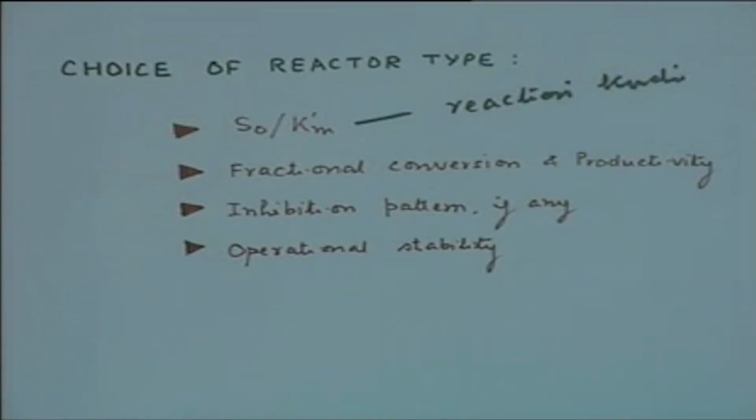Then we need to look at the effect of fractional conversion and productivity. What is the desirable feature: whether we are looking for high fractional conversion, which is the demand of the system, or high productivity, depending on the nature of the product stream. Then we had to look also at the inhibition pattern, if any. Of course, in some cases if the kinetics is much simpler, one can easily approximate it to first order, zero order, or even Michaelis-Menten.